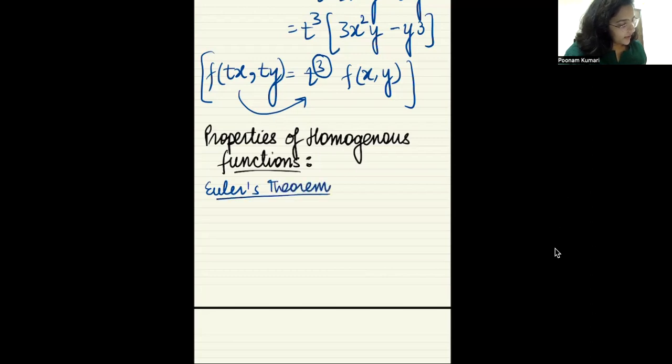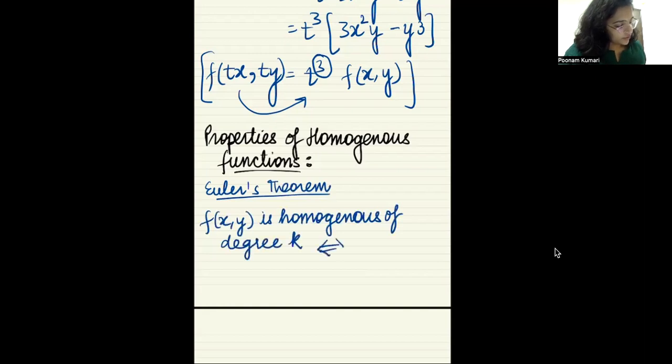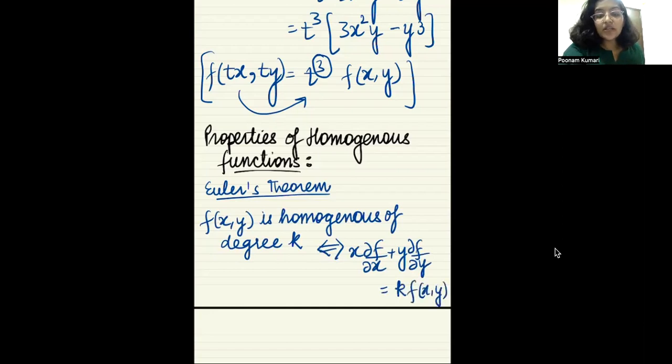It says that if f(x, y) is homogeneous of degree k, then this should be satisfied: x times the partial derivative with respect to x plus y times the partial derivative with respect to y is equal to k times f(x, y). So this is Euler's theorem.